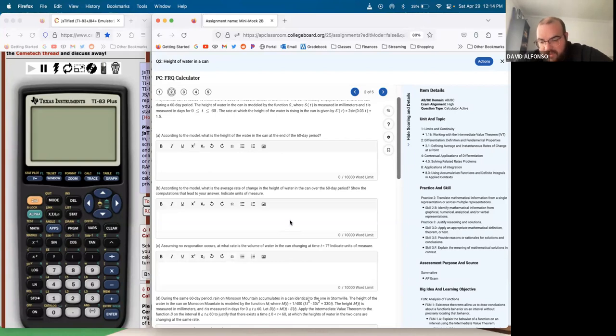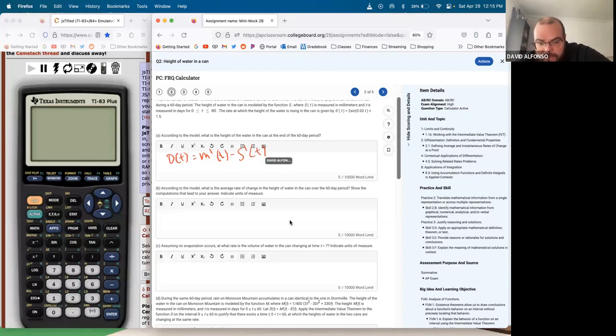Yeah, this one's weird to explain. So basically, they're saying here d of t is equal to m prime of t minus s prime of t.